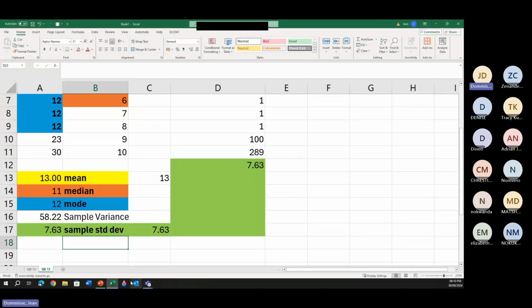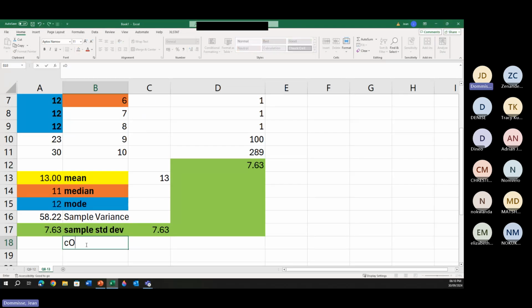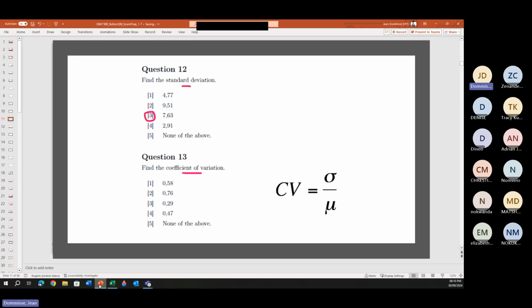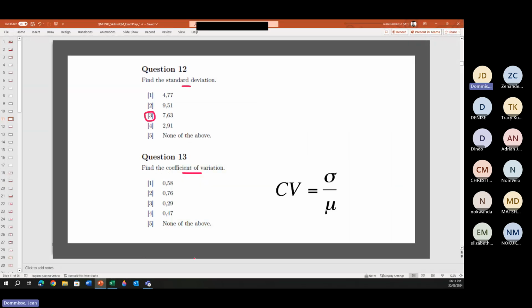So what you guys now would have seen as well is these things are so interlinked with one another.